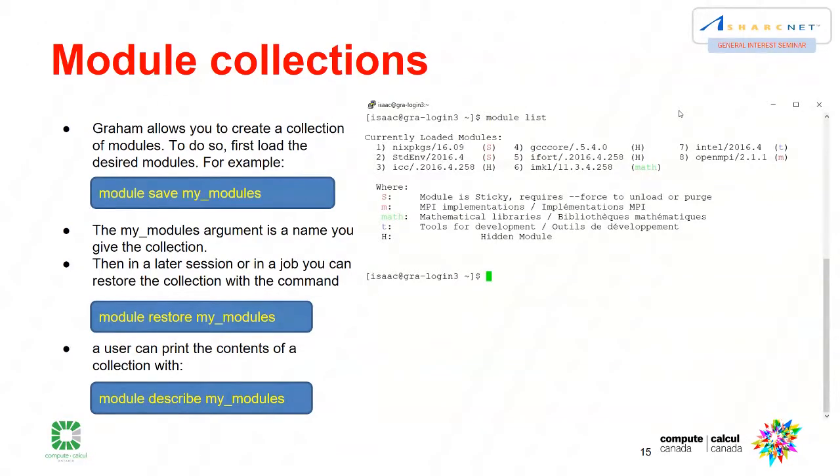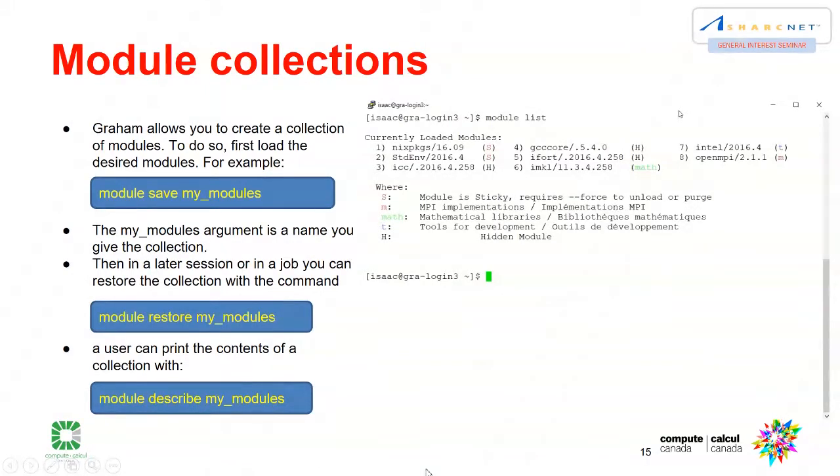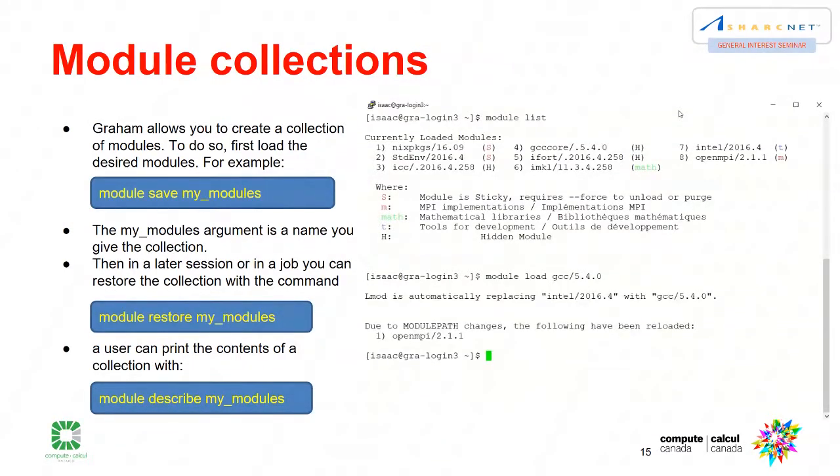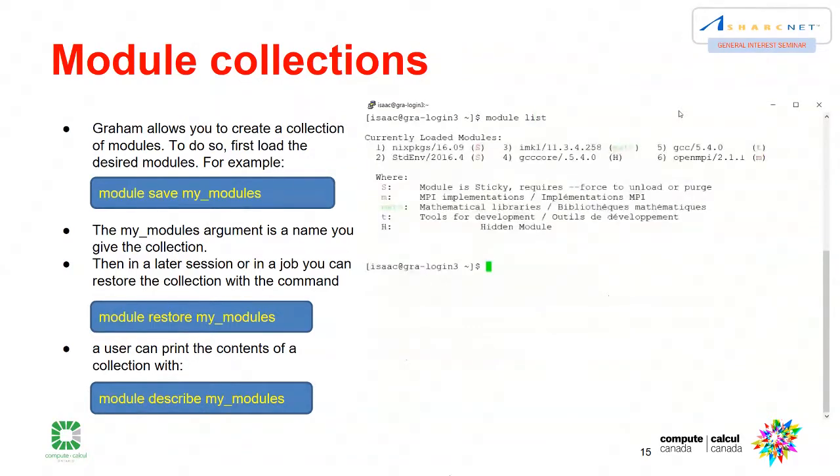So here is a short demonstration, you can see that. So here, you can see that the module list is basically default. And then I want to change the Intel compiler to GCC. So I loaded GCC. It will automatically replace Intel compiler and OpenMPI. If I check it out one more time, you can definitely see number 5 and number 6 are related to the GCC.